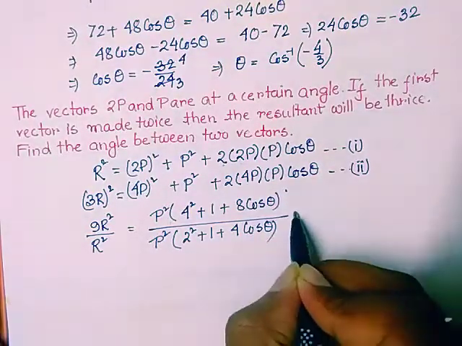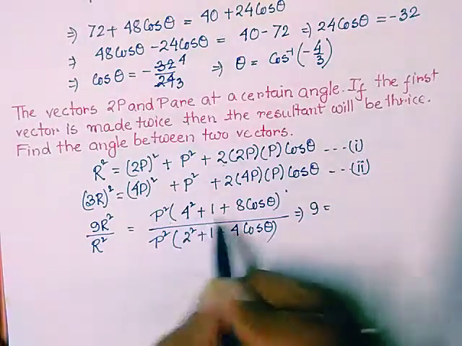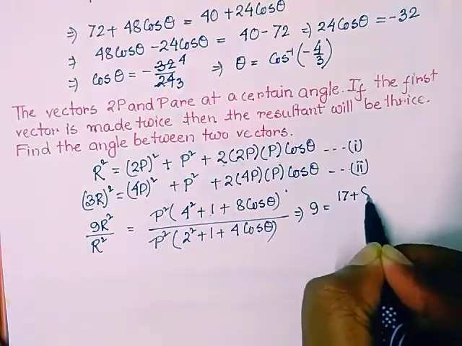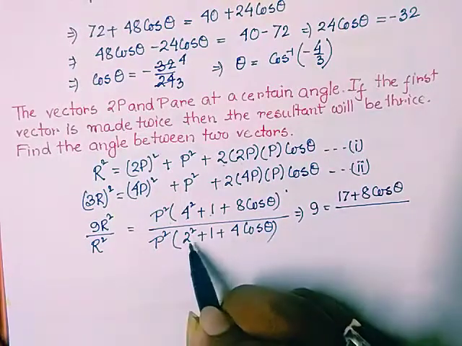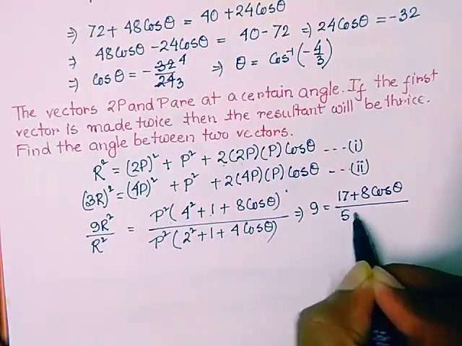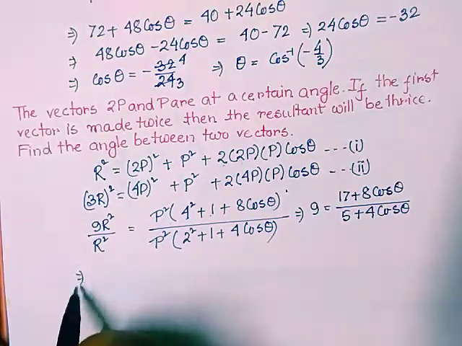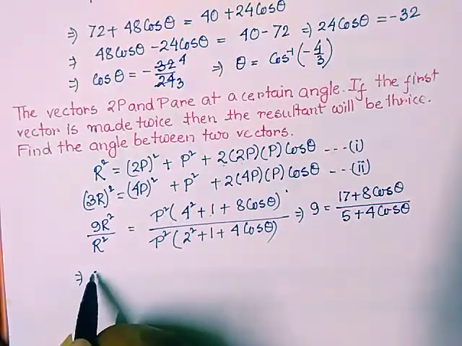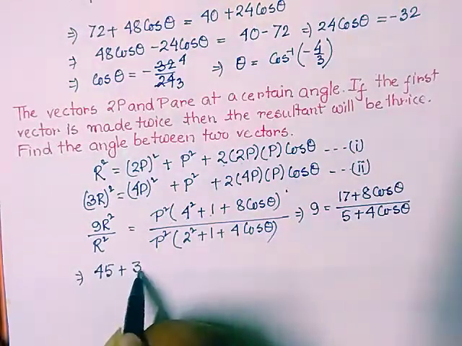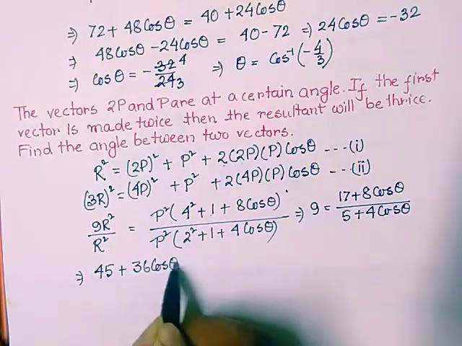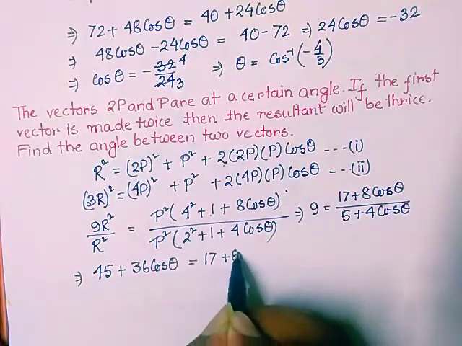Okay. So from it, 9 equals 16 plus 1, 17, plus 8 cos theta divided by 2 square is 4, 4 plus 1, 5, so 5 plus 4 cos theta. So the cross multiplication gives us 9 into 5 means 45, 9 into 4, 36 cos theta equal to 17 plus 8 cos theta.